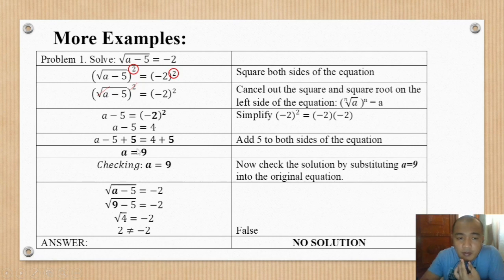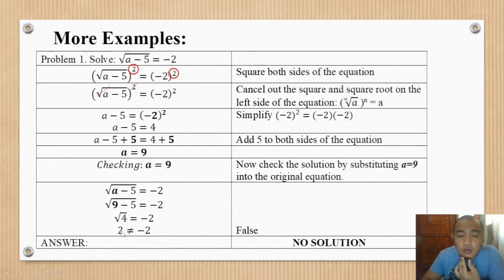Okay, we've already solved the value of a, which is 9. So, last step, checking. Write the original equation. Square root of a minus 5 equals negative 2. Then substitute a by 9. 9 minus 5 is square root of 4. What is square root of 4? 2.